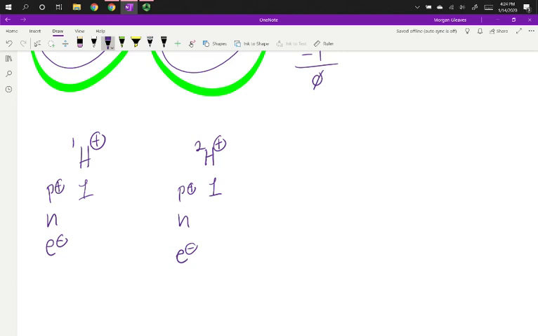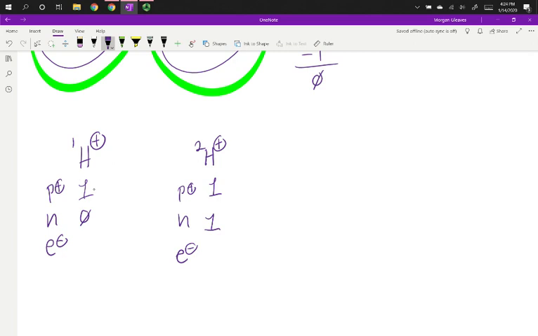Our first hydrogen has no neutrons. It only had one thing in the nucleus, so it has 0 neutrons. Our second hydrogen here has 2 things in the nucleus, so 1 is a proton. The remaining 1 is a neutron. And now, my hydrogen needs to be plus 1 overall.